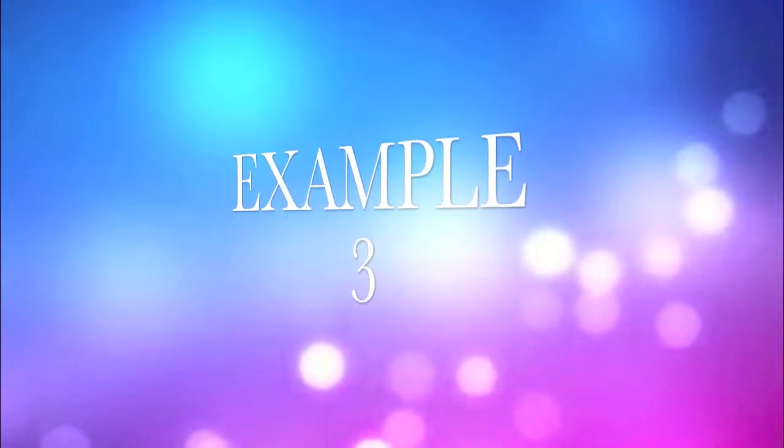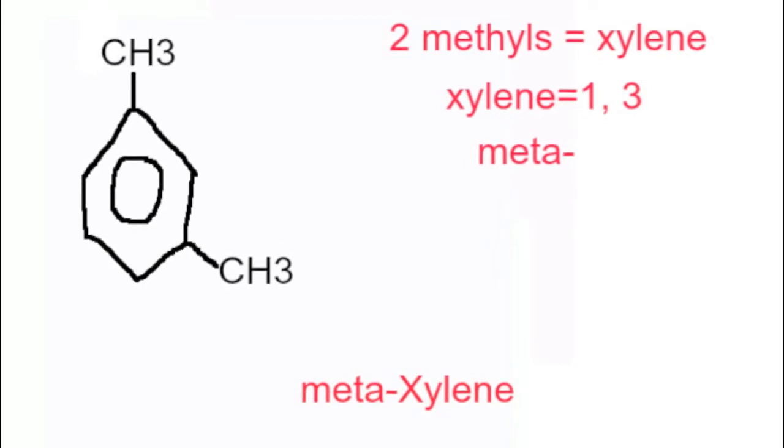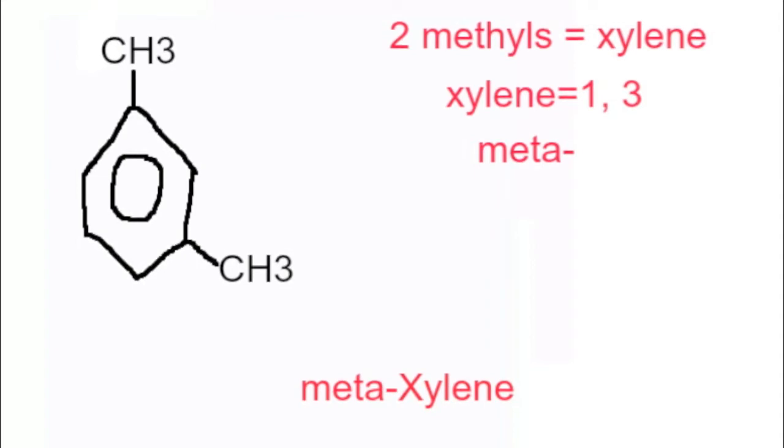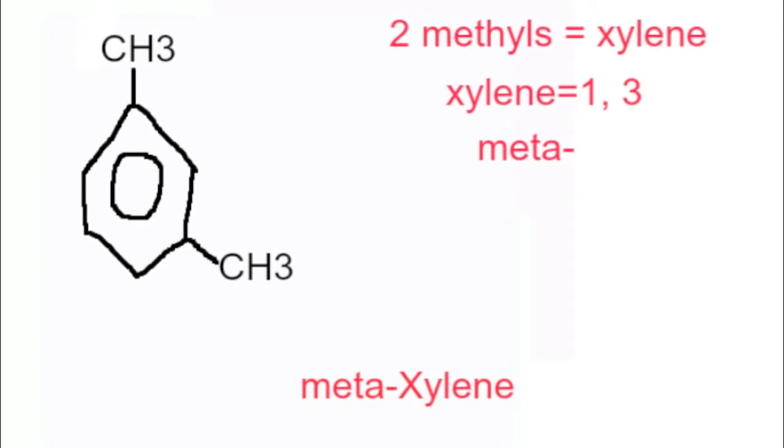Example 3. If a benzene has 2 methyls, it's called xylene. The position of the methyls is 1 and 3. Therefore, we must add meta to the name. The name of this compound, then, will be metaxylene.